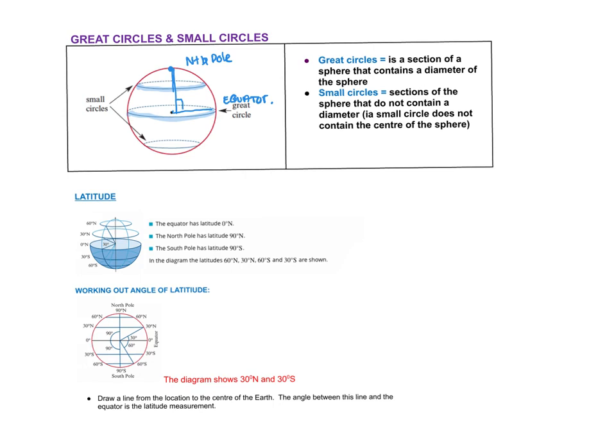So the North Pole is 90 degrees north, north of the equator. And obviously the South Pole would say it's 90 degrees south. So latitudes are always given as either north or south, in terms of the equator.